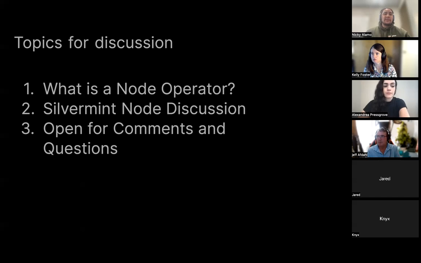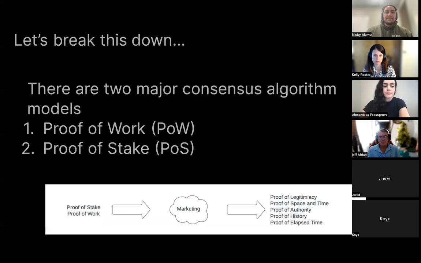The topics for discussion today: very roughly, what is a node operator, a Silvermint node discussion, what makes us different, and then we'll open up for comments and questions at the end.